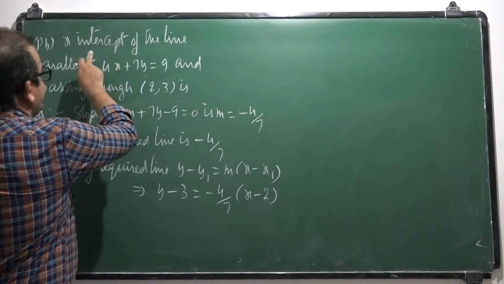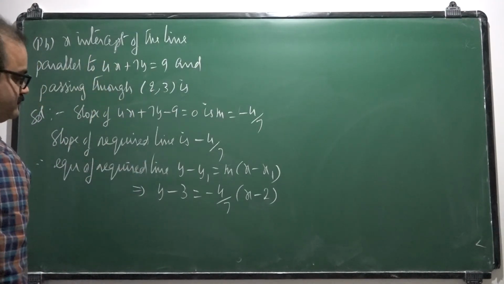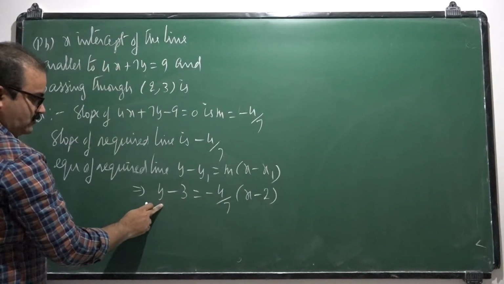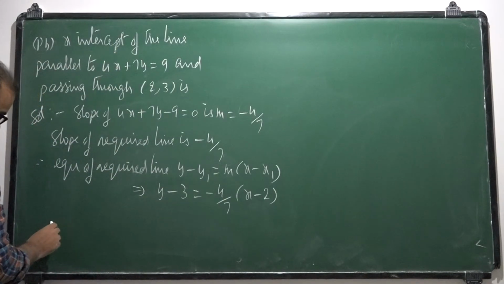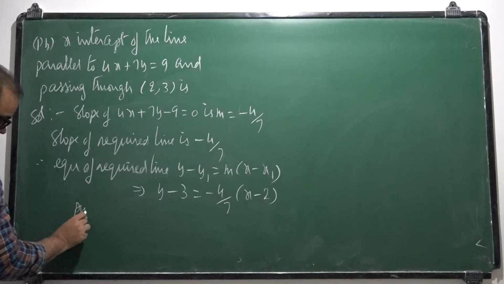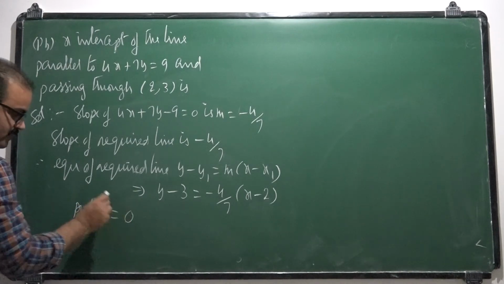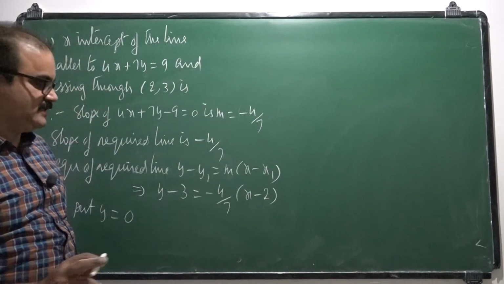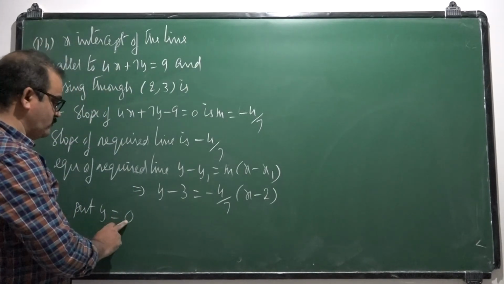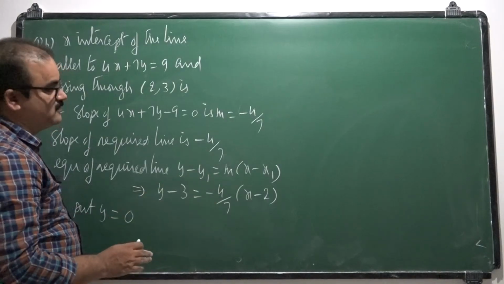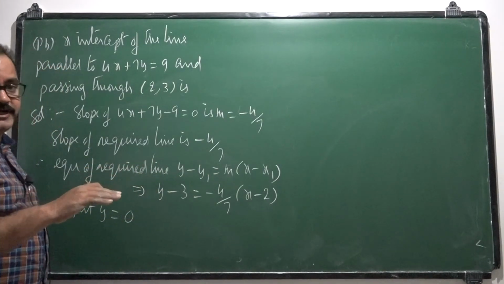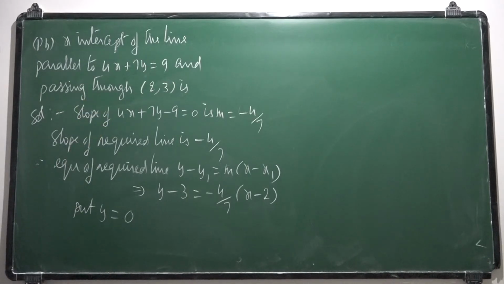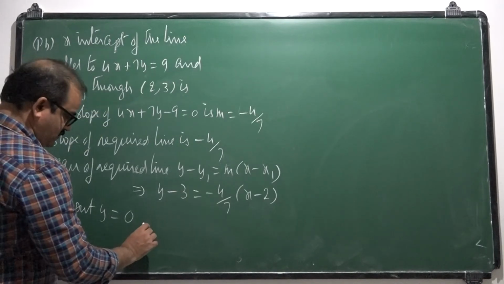We want to find the x-intercept. To find the x-intercept, we put y equal to 0. In any line equation, if we want to find the x-intercept, you put y equal to 0; if we want to find the y-intercept, we put x equal to 0. Put y = 0.